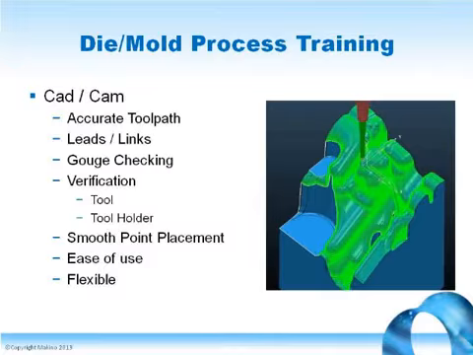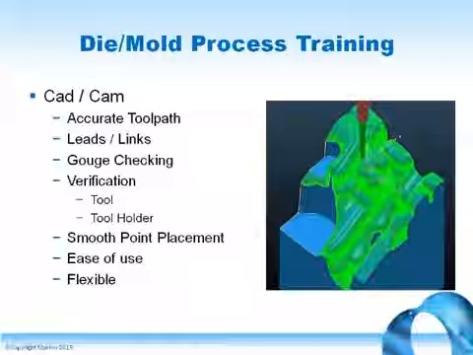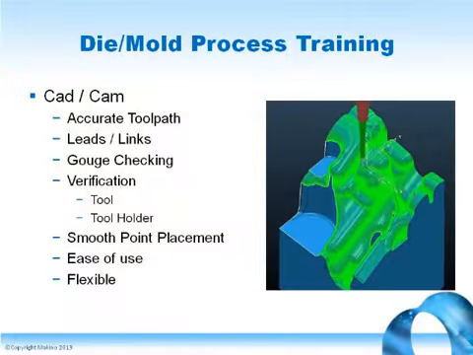CAD/CAM. In the class, we will discuss and demonstrate what we'd like to see in a CAM system. We'd like to see a CAM system running in a 64-bit operating system, the ability to produce accurate and reliable toolpath, being able to modify leads and links to suit our needs.